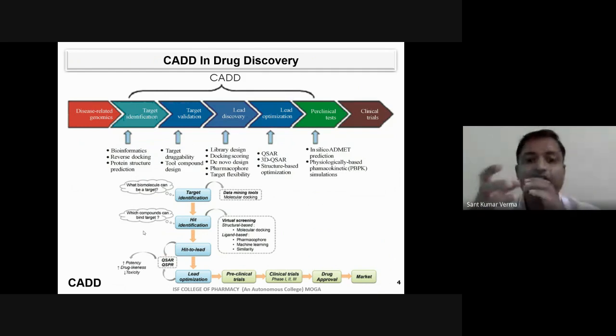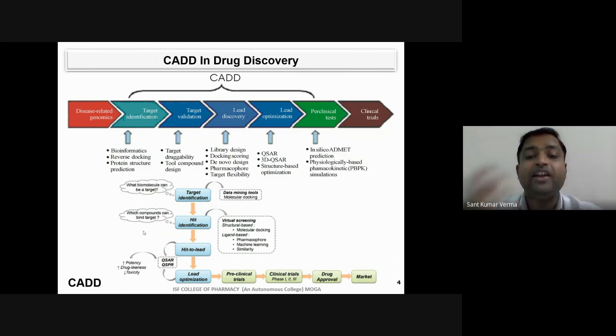Target flexibility: we know that our receptors, macromolecules, and enzymes present in our body are not rigid, they are flexible. So the flexible approach is more accurate compared to the rigid approach because it is similar to our biological system.